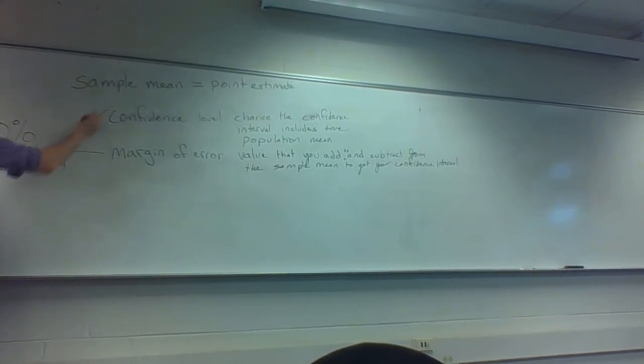This is our confidence level right here, and this is our point estimate right here. So, in this example, there's a 99% chance that 75 to 85% of people like candy.